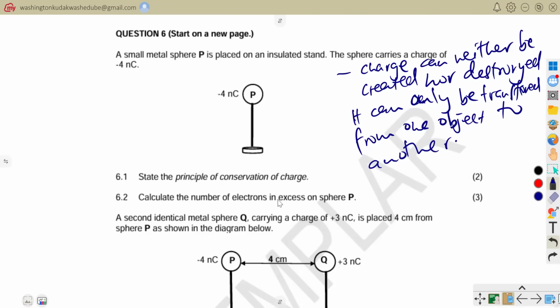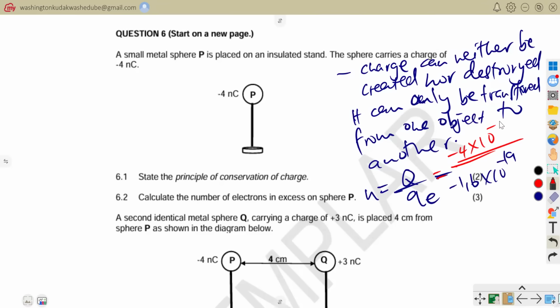Calculate the number of excess electrons on sphere P. We know that the number of excess electrons is given by N equals the charge divided by the charge of an electron. The charge of an electron is -1.6 times 10 to the power -19. The charge of the metal sphere is -4 times 10 to the power -9.